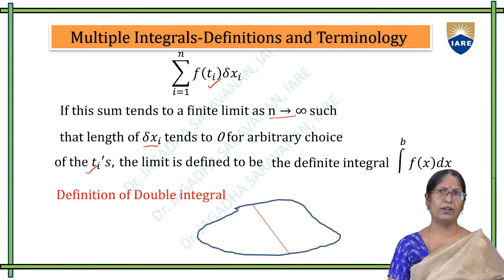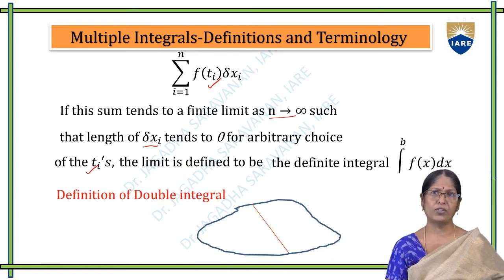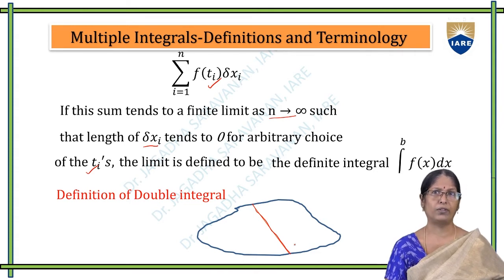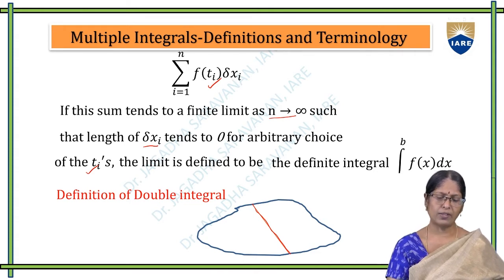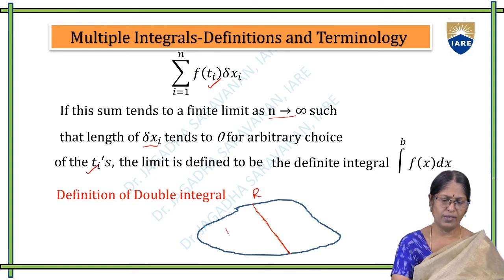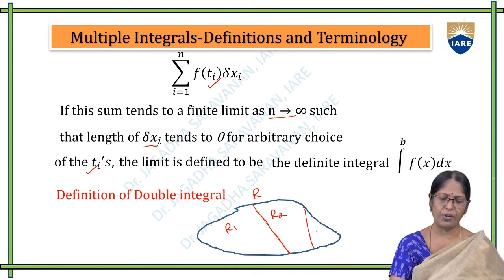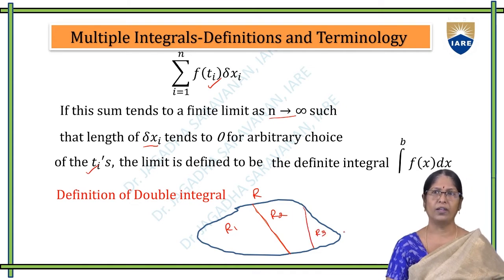So we can see here one region which is given. You can notice a line which divides the region into two parts. This complete region is named R, and this part is R1, so we divided it into two regions. If we divide it into n regions, we can divide it further, R3, and like that Rn regions are there.